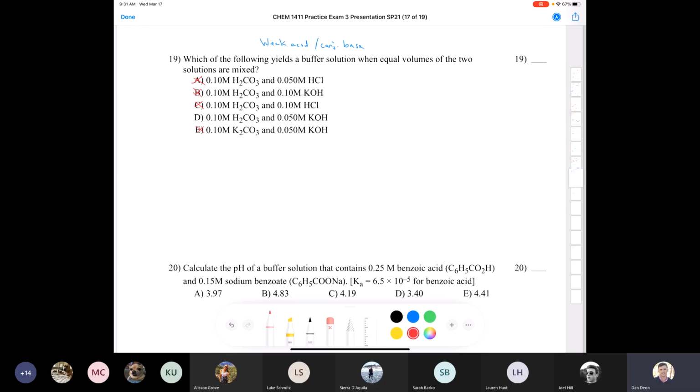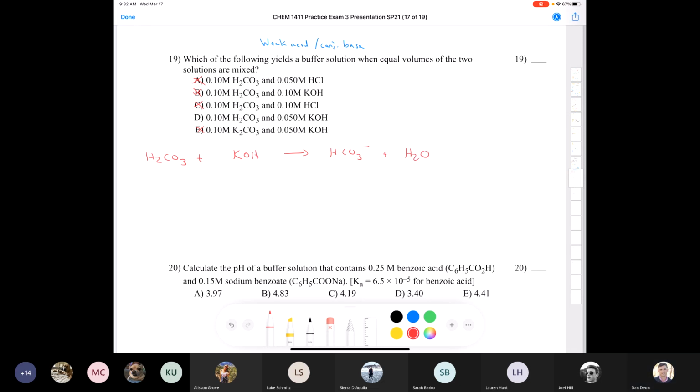If we're adding equal volumes of those, we can assume that we would have, let's say, 1 liter of each of these. If we combine carbonic acid plus potassium hydroxide, we end up making the bicarbonate ion plus water.